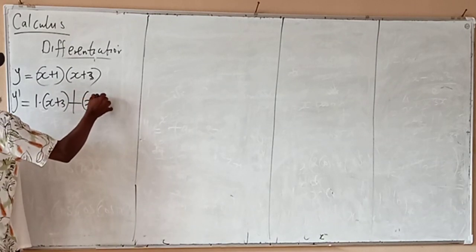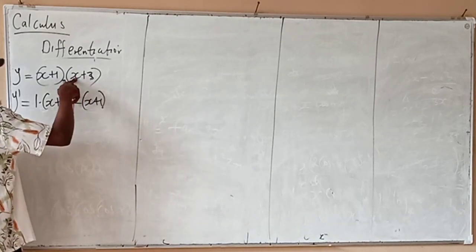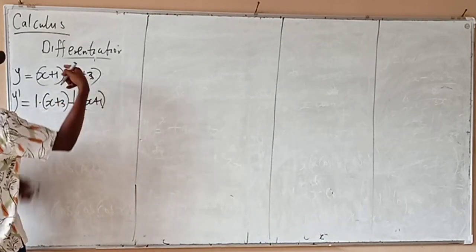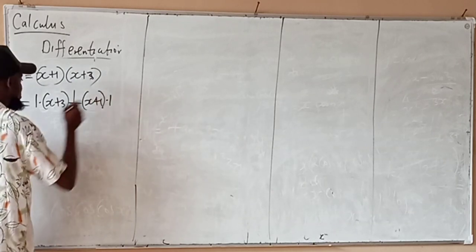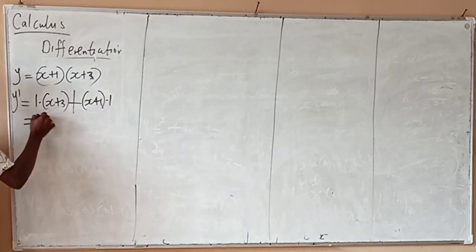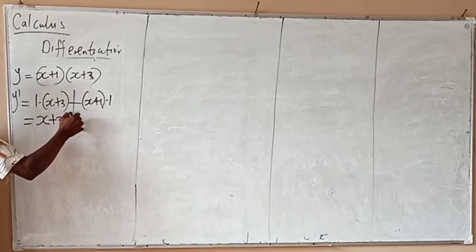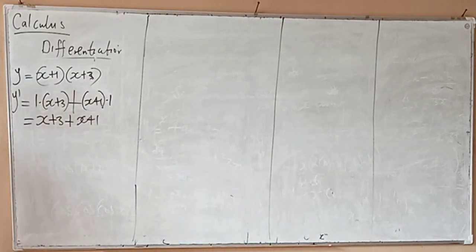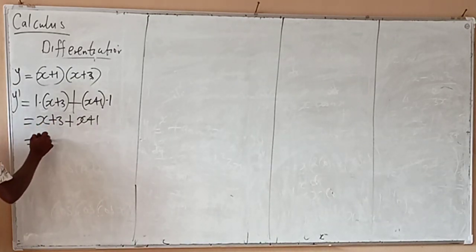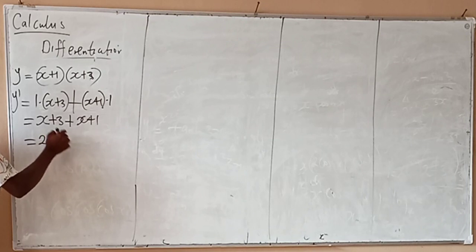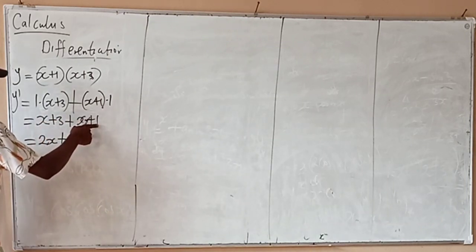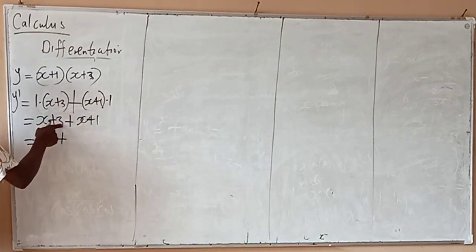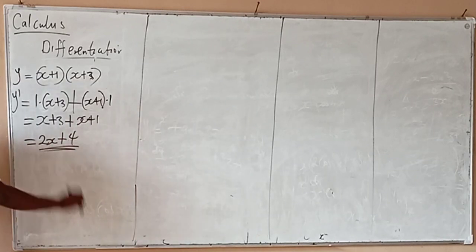You have x plus 1 there. Differentiate this one, differentiate x, you have 1. Differentiate 3, you have 0. Also 1. So 1 multiplied here, you have x plus 3. 1 multiplied here, you have x plus 1. So this one gives us x plus x, you have 2x, 3 plus 1, you have 4.